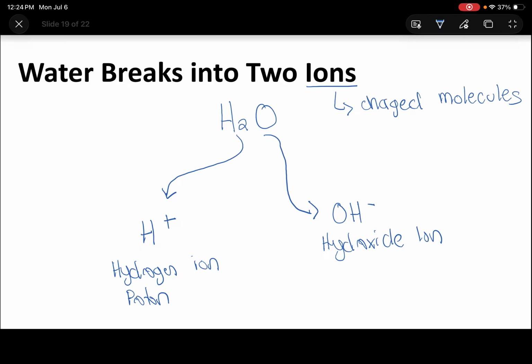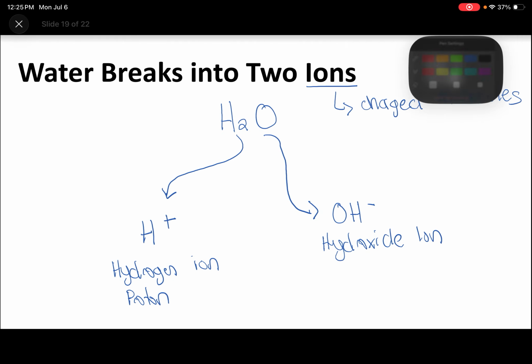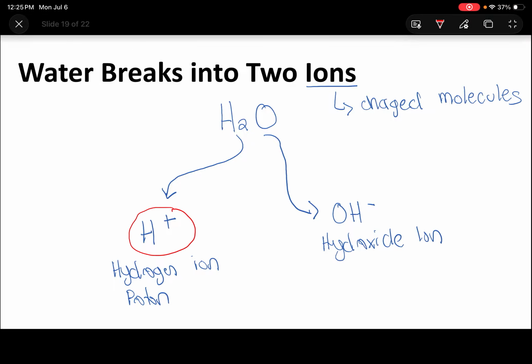Water can break into these two things, this hydrogen ion and this hydroxide ion. And because water can split into these two substances, we are specifically interested in how much of this hydrogen ion we have. There are going to be substances that increase this, and substances that decrease this, but overall pH is looking at how much of these hydrogen ions or protons we have.